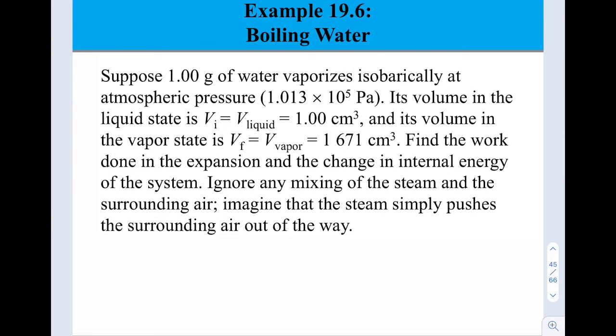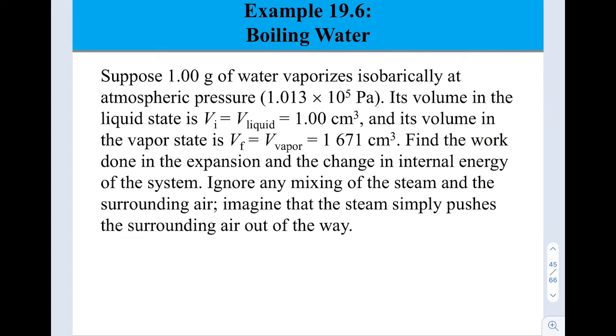So, boiling water, example 19.6. Suppose 1 gram of water vaporizes isobarically at atmospheric pressure. Its volume in the liquid state, V initial equivalent to V liquid, is 1 centimeter cube. And its volume in the vapor state, V final, which is V vapor, is equivalent to 1671 centimeter cube.